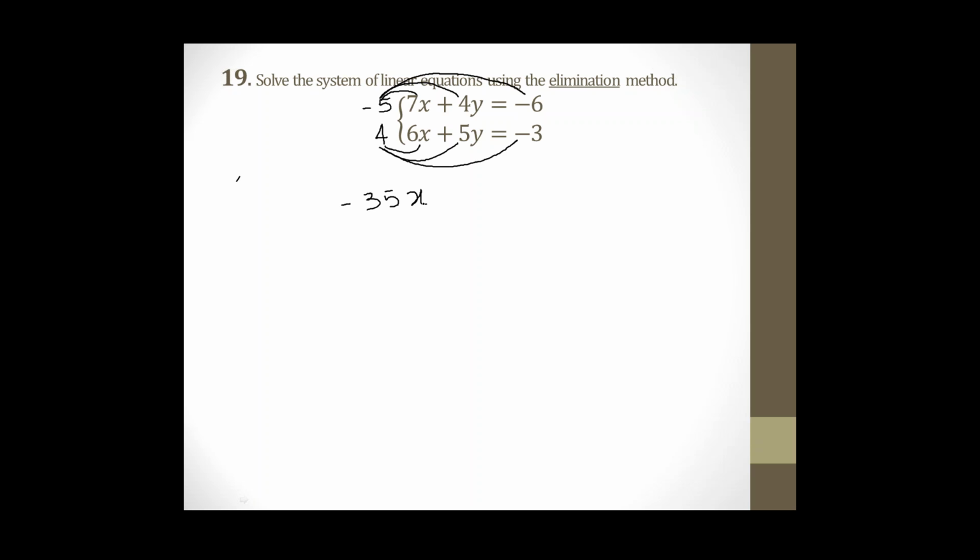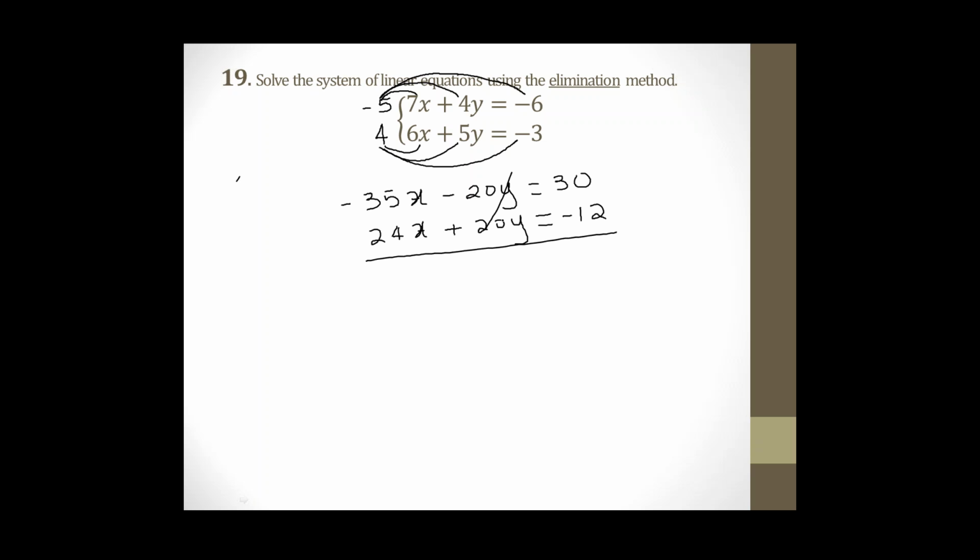-35x, -20y, +30. Down here, I have 24x plus 20y. I expected that to happen because I wanted to cancel it. And negative 12 right here.